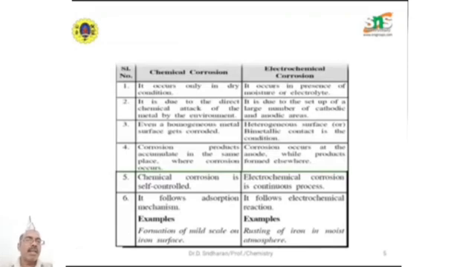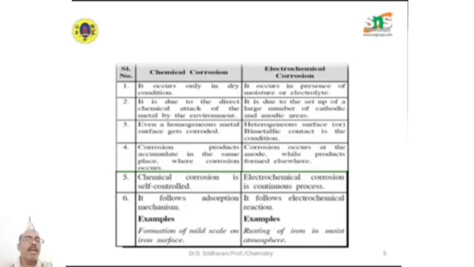In this slide, we see the differences between chemical corrosion and electrochemical corrosion. Chemical corrosion occurs only in dry conditions, whereas electrochemical corrosion occurs in the presence of moisture or electrolyte. Chemical corrosion is due to the direct chemical attack of the metal by the environment, whereas electrochemical corrosion is due to the setup of a large number of cathodic and anodic areas.